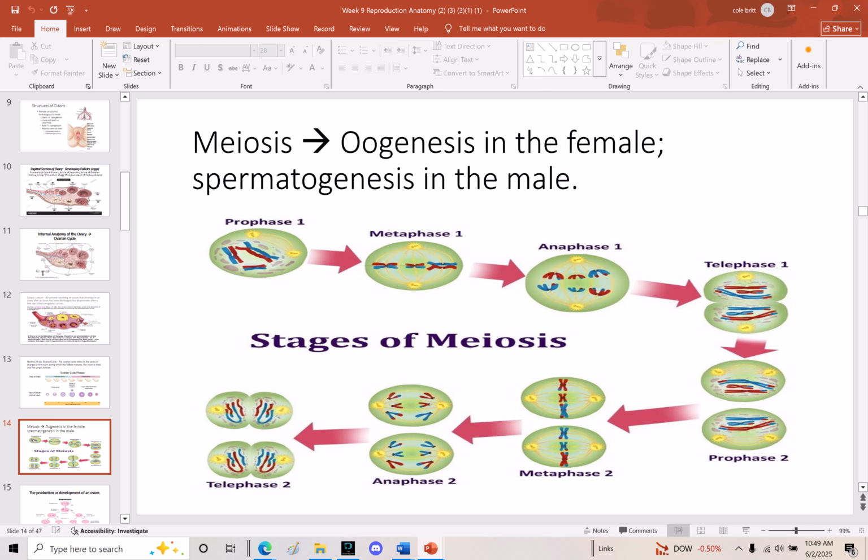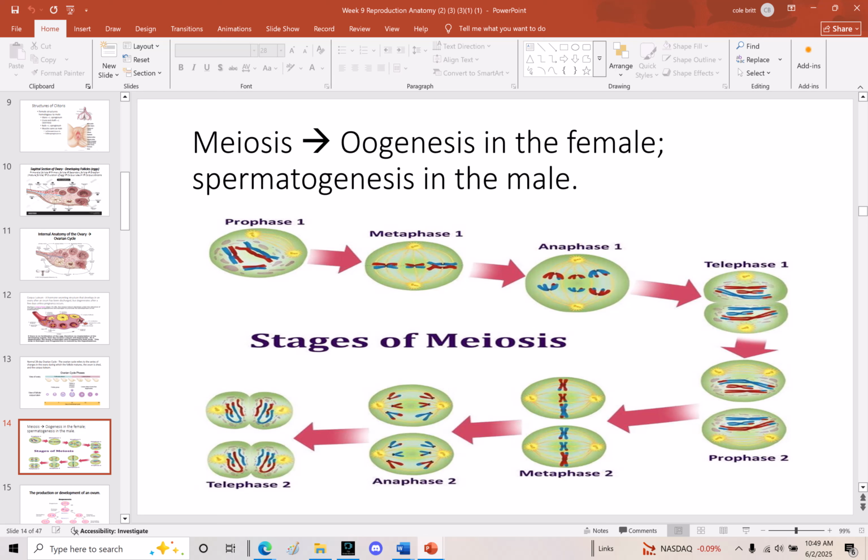Now, meiosis. Meiosis only occurs in reproductive cells. The purpose of meiosis is to reduce from 46 to 23 chromosomes. I'm not going to make a big deal about each one of these phases, but I do want you to be aware that the cell divides.